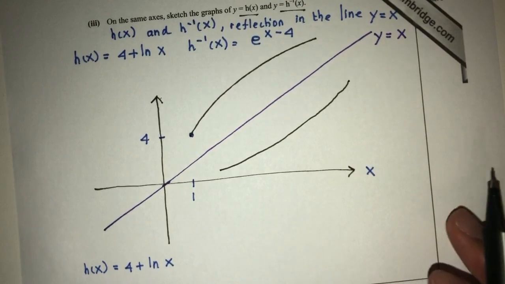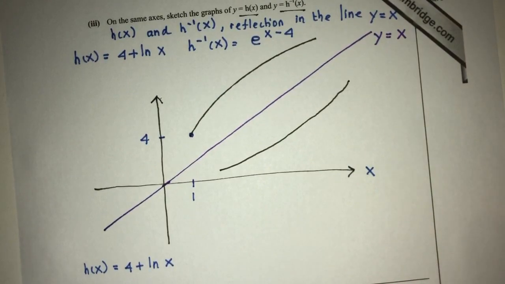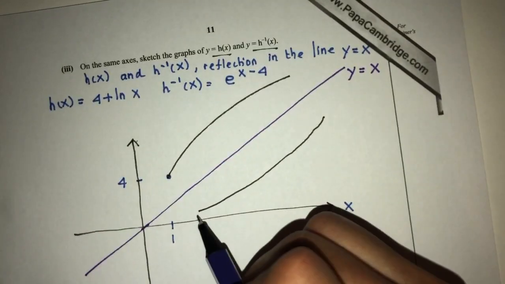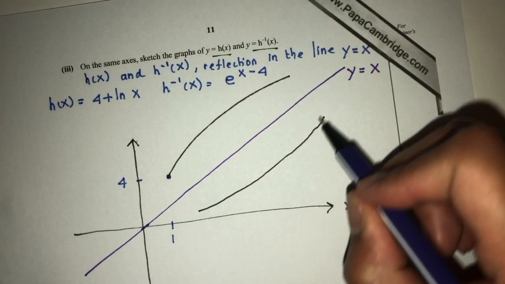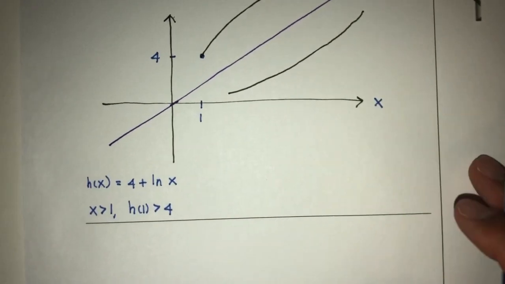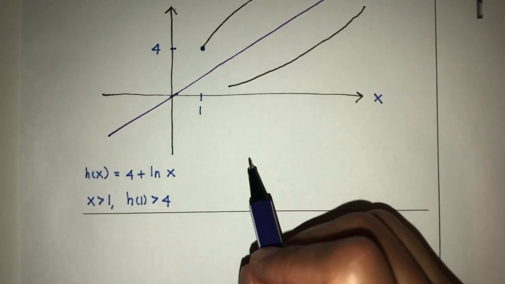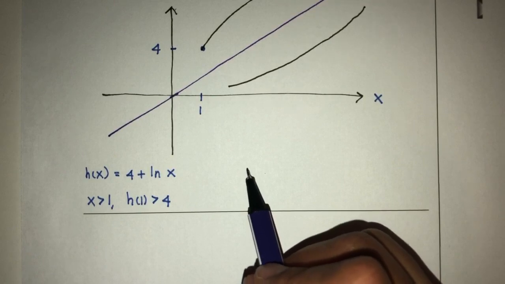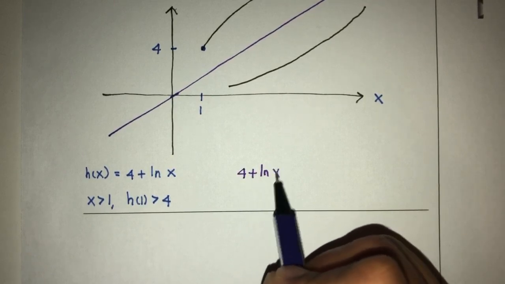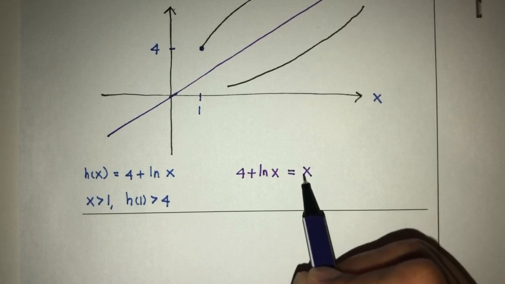Now, the question is, do they meet, right? Maybe my graph should have been going up so they can meet somewhere on the line. We can check if you want to. So we have 4 plus ln of x. We can equate that to x.